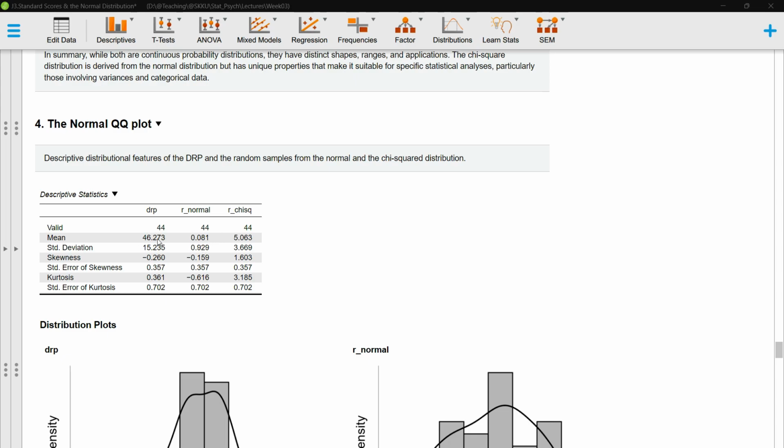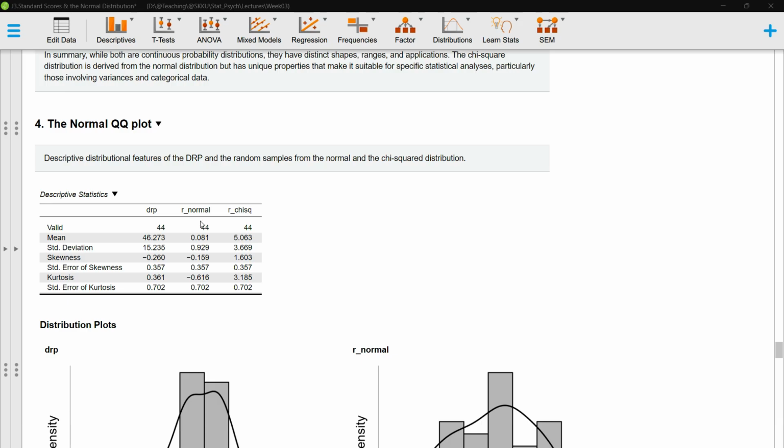And look at here, the mean of the second variable is approximately 0 because I used the standard normal distribution for this part, and the standard deviation is pretty similar to 1, the skewness is near 0, and the kurtosis is small.